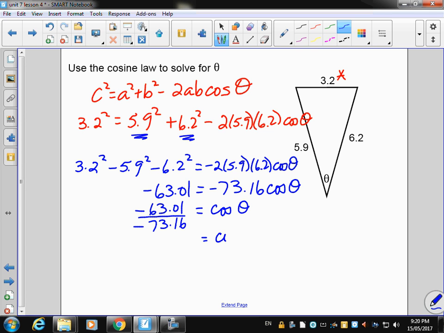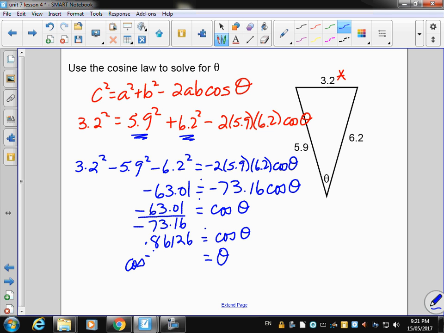Okay. You don't need to write down all of these steps, but I am going to do so for this example. Negative 63.01 divided by negative 73.16 is decimal 0.86126. And we're rounding. But if I want an angle and I have that decimal, I'm going to do second function cos, which is the opposite of cos.